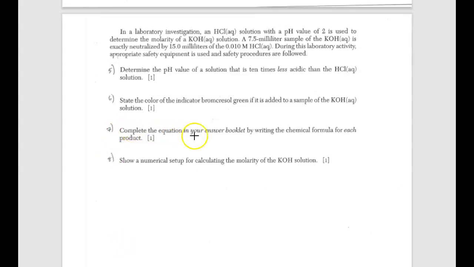You're asked to complete the equation in your answer booklet by writing the formula for each product. Well, what do we have? We have HCl, our acid, plus KOH. We say that acids and bases neutralize one another.